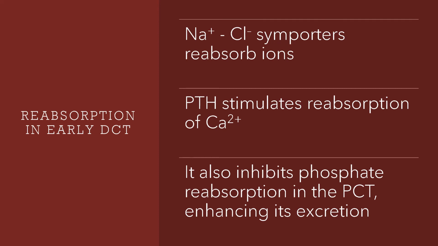Now, reabsorption of sodium and chloride occurs by means of the sodium chloride symporters. And these are found in the apical membranes. Sodium potassium pumps and chloride leakage channels in the basolateral membranes will then allow for reabsorption of sodium and chloride into the peritubular capillaries.